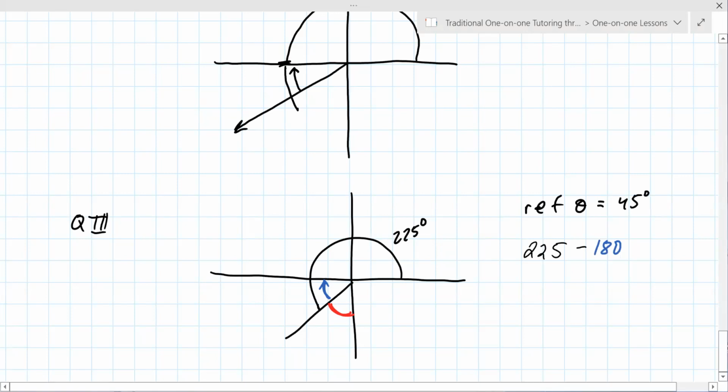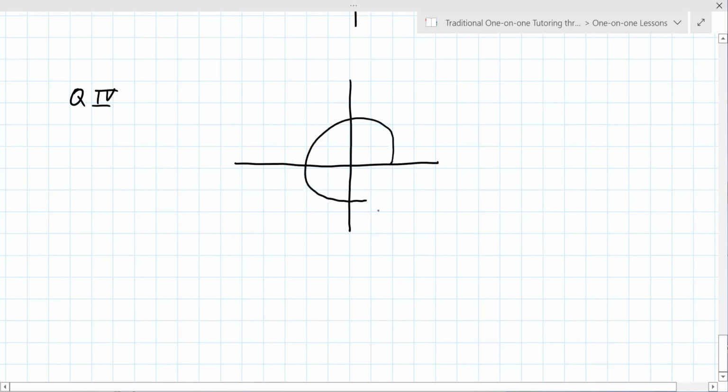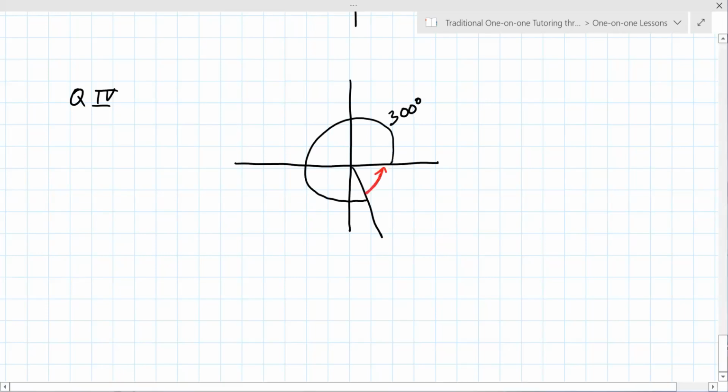Now in quadrant 4, I don't expect you to fully understand this after just a couple examples, but maybe you at least will say, I get that it's the angle made with the x-axis. Let's say I give you an angle like 300 degrees. This is like when you aren't quite there in your trip because you need to keep going.